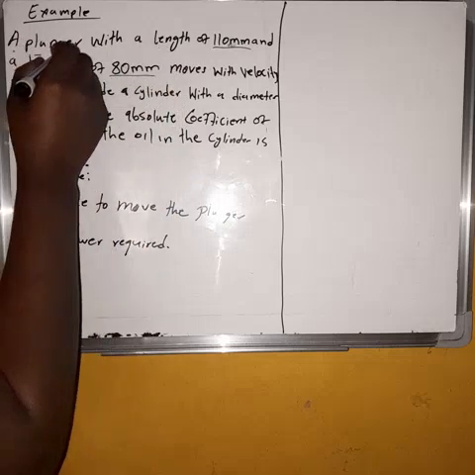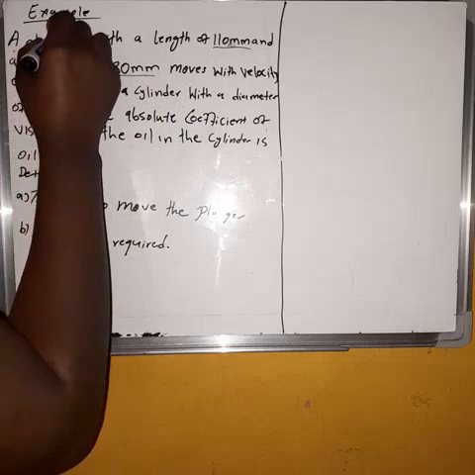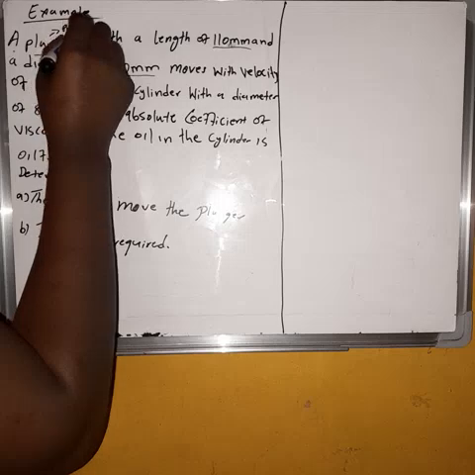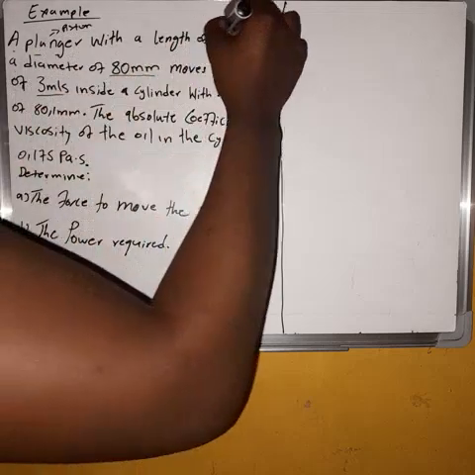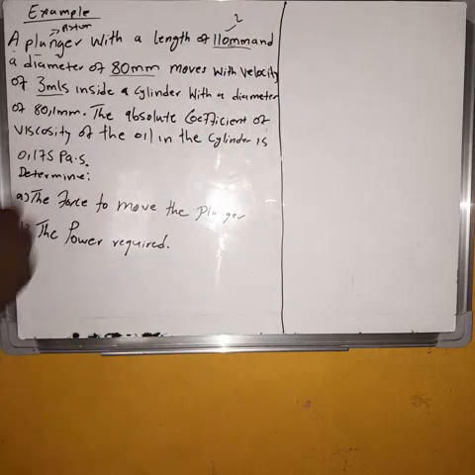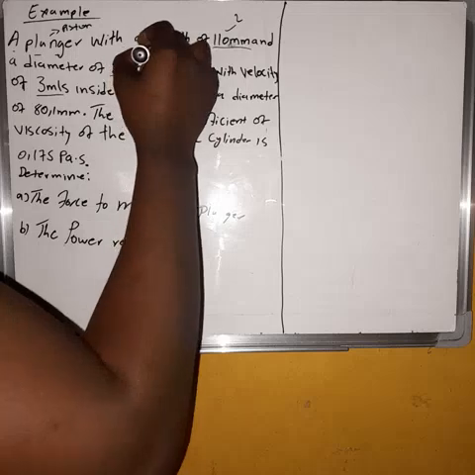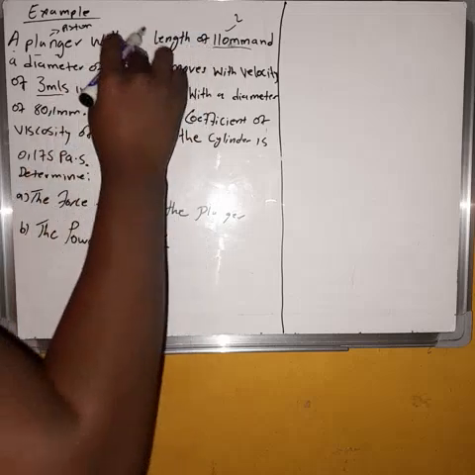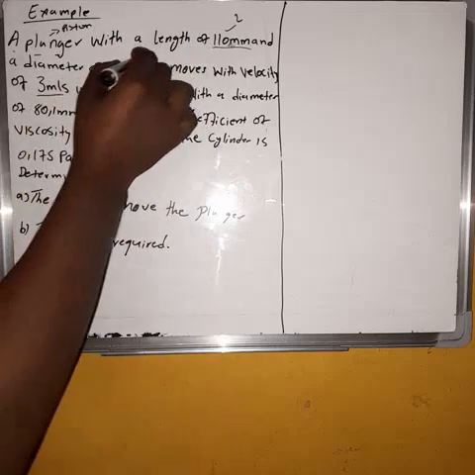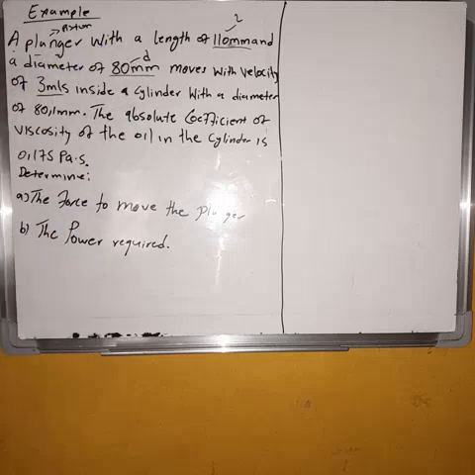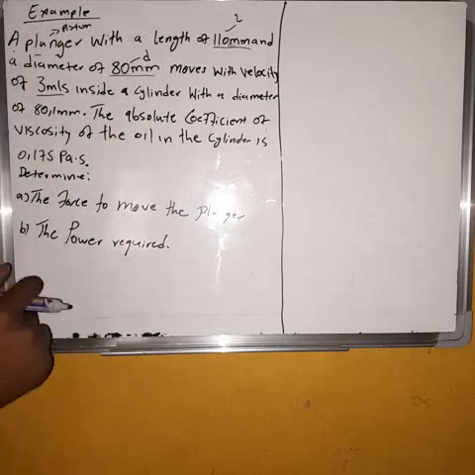Remember, a plunger is like a piston. You can say a plunger is a piston with a length, and this small d is the diameter of the piston.